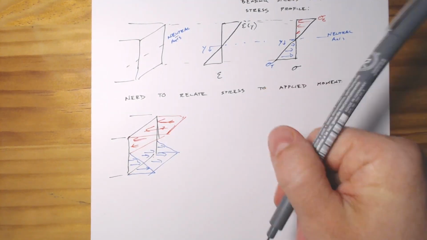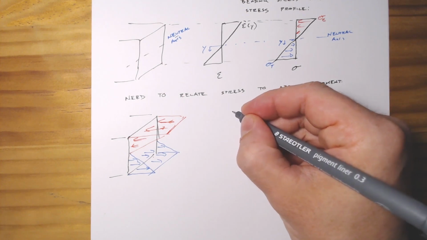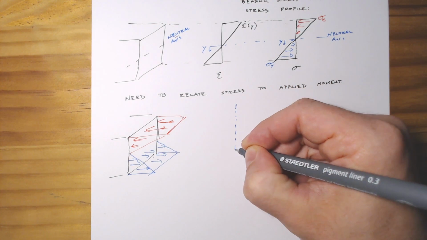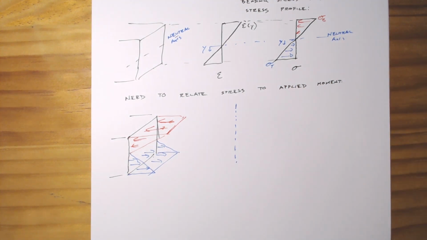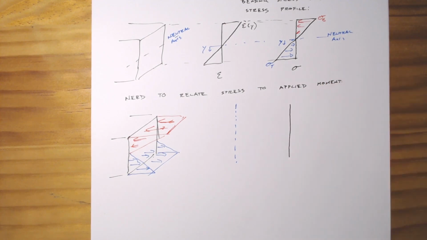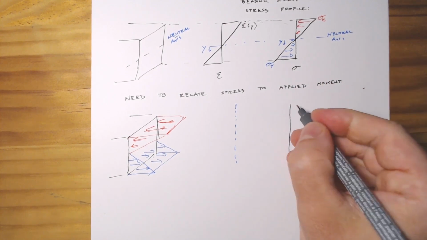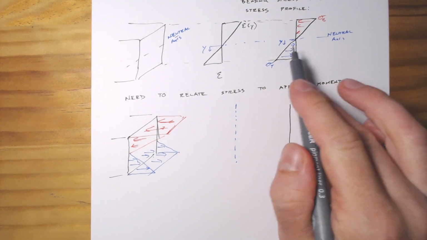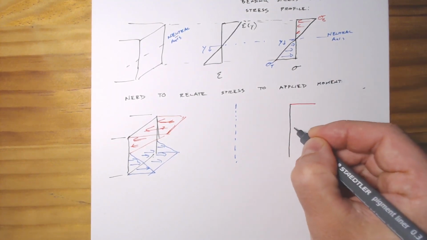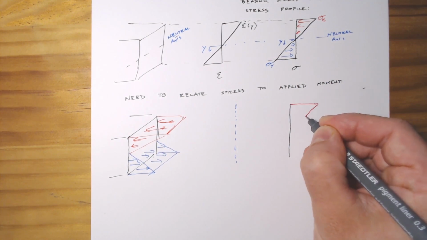Then if we're to draw our cross section, well, we would have cross section here. Again, this is effectively just flipping the tension side, so it's on the same side as the compression, just as a pictorial representation.